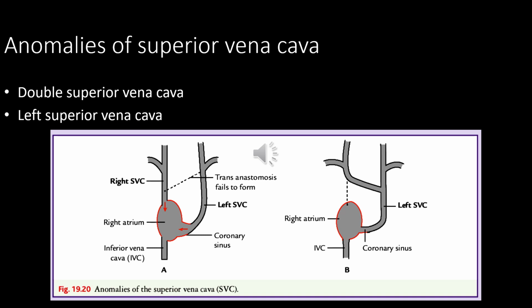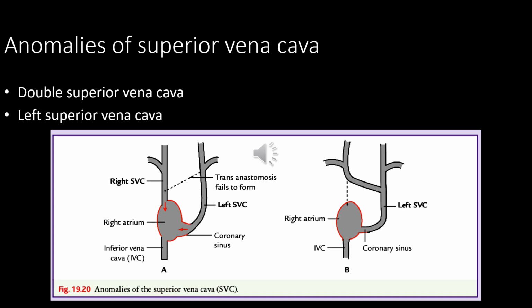The congenital anomalies will fall into the logical sequence. If the oblique anastomotic channel, which was supposed to be represented by the left brachiocephalic vein, disappears, then we have got a double superior vena cava.